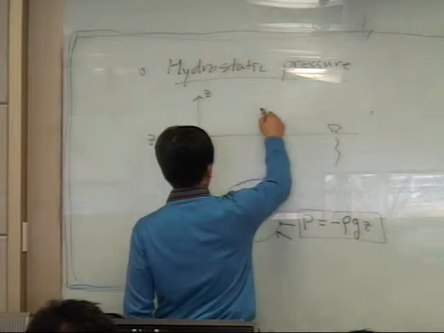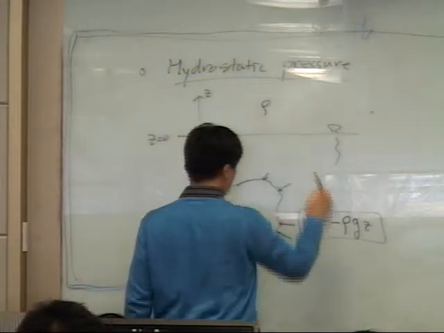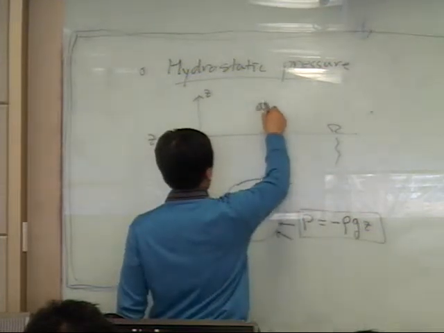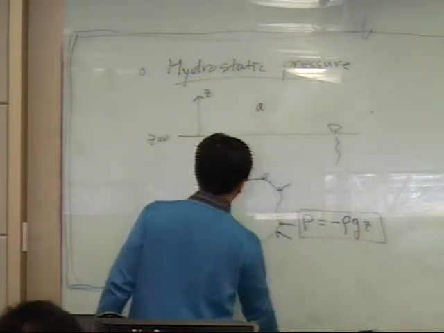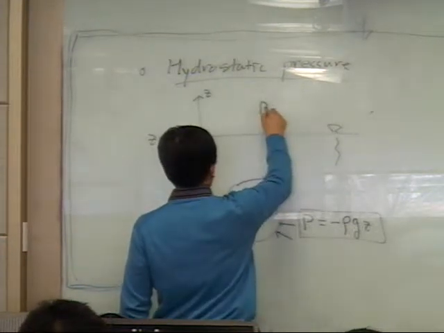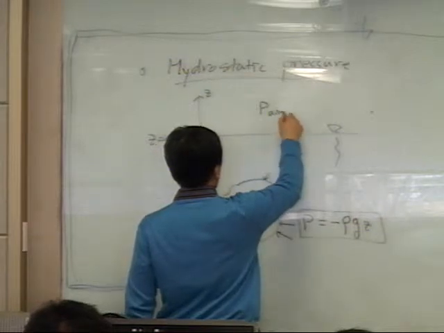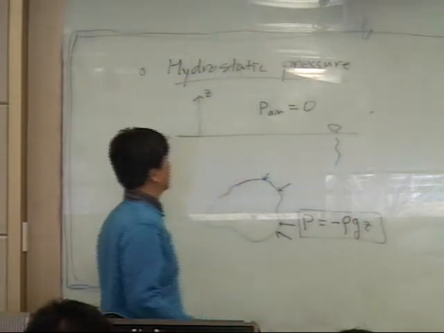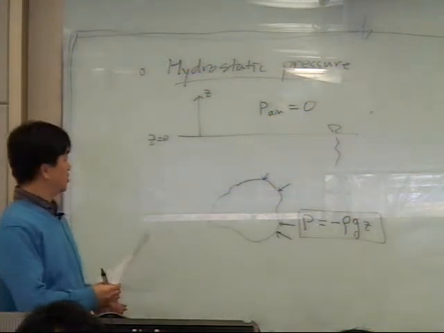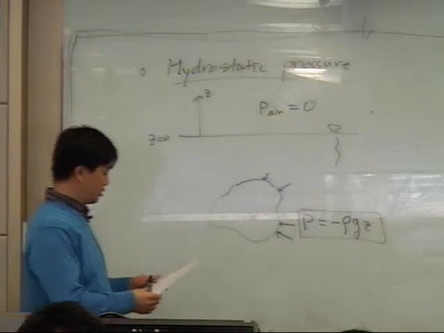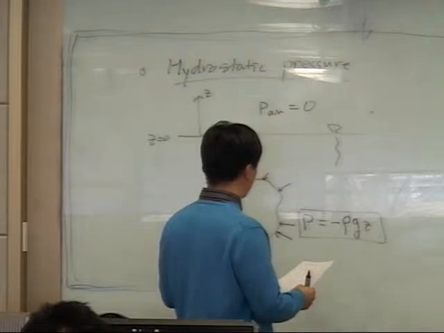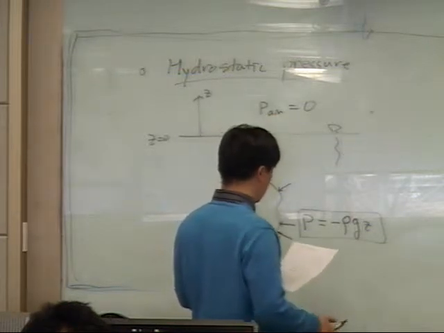When we assume the pressure at air, P air, is 0. Okay. Actually, pressure is always a relative value.